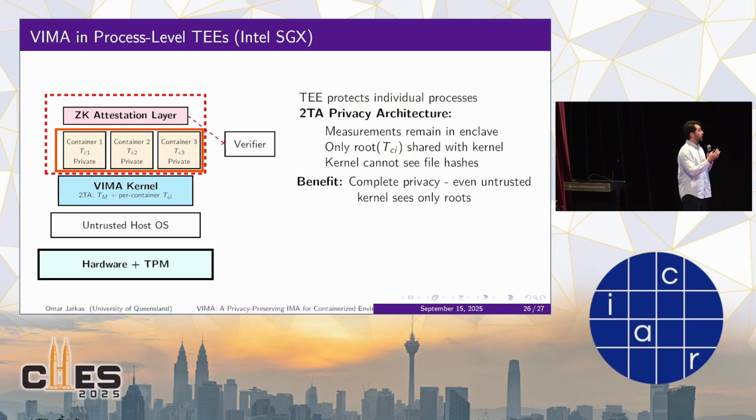And also the process-level TEEs, so think Intel SGX. Currently the TCBs in those types of environments are immutable, so they do not change. One of the reasons why those TCBs do not change is that you don't want to change the TCB for integrity verification purposes, because once the TCB changes, the integrity is lost.